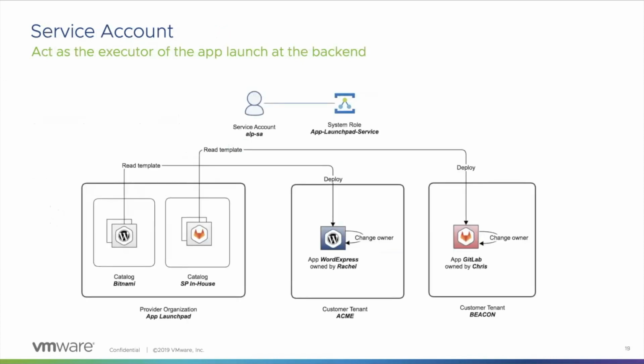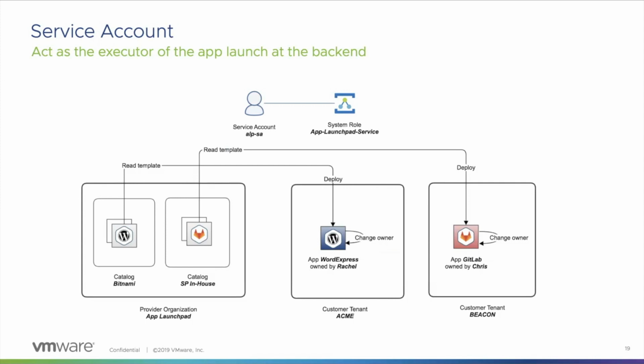Some customers, for example, users that would be a VApp user or potentially a VApp author, may not have the required permissions to do everything that App LaunchPad needs to do to deliver that experience that we just looked at. So what we do is have a service account on the back end that has all the required permissions. And this is the account that we use to actually manage vCloud Director resources.